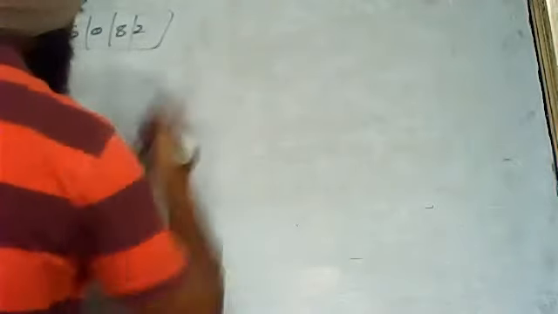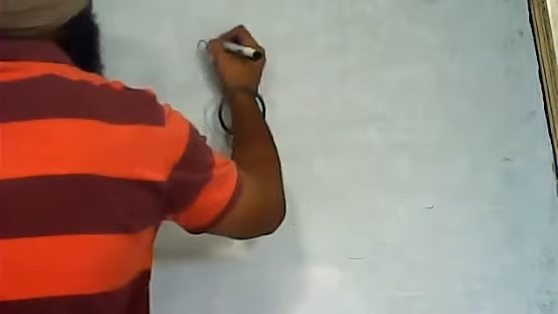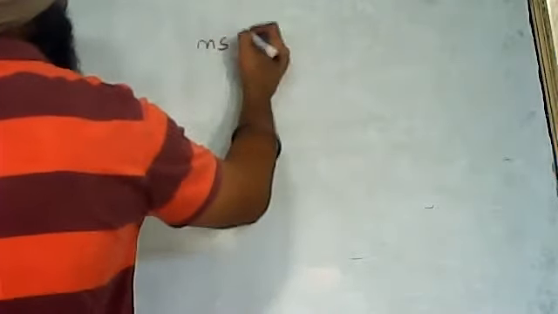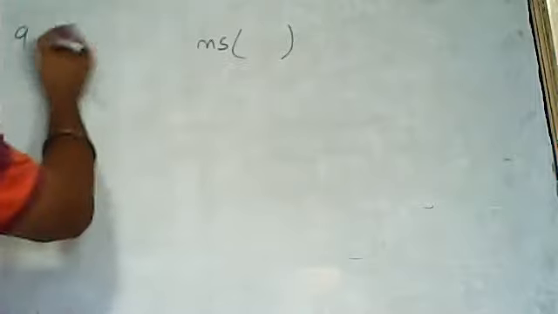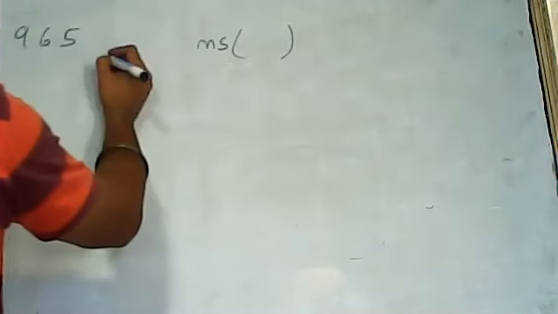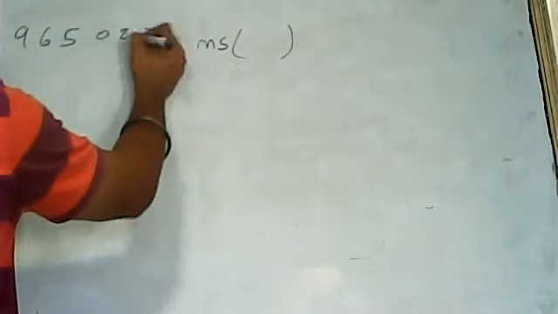So how will this happen? Listen very carefully. Merge sort will be called. This is our algorithm, merge sort. For how many elements? I've erased it. Let me write it again.